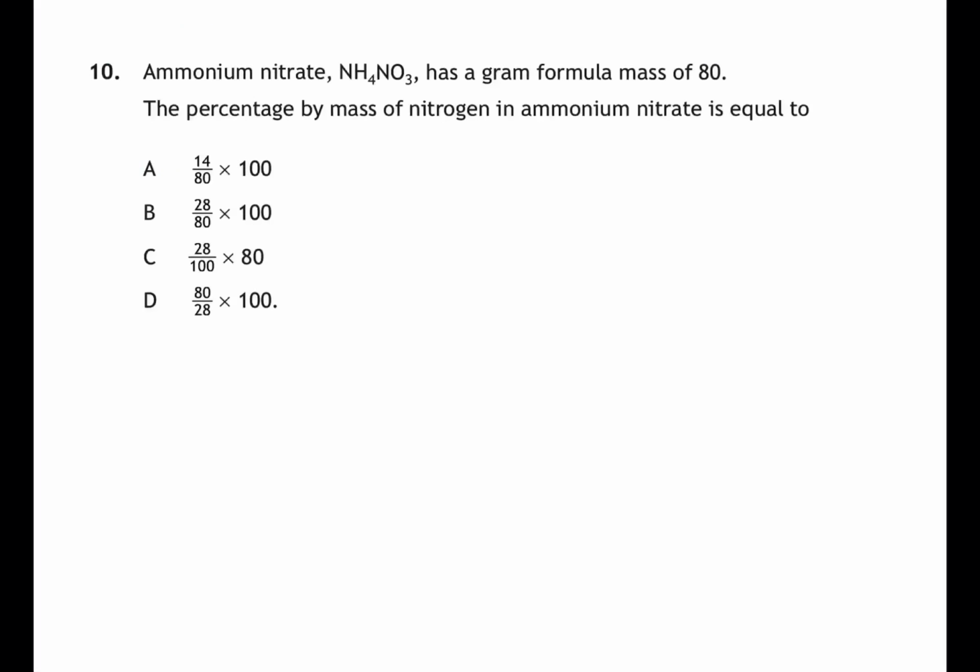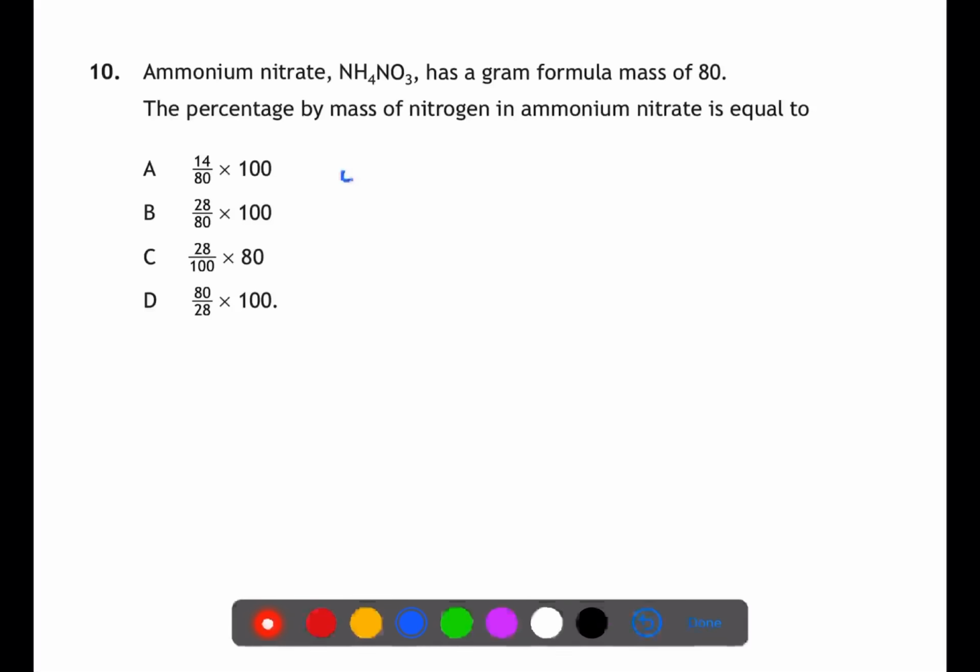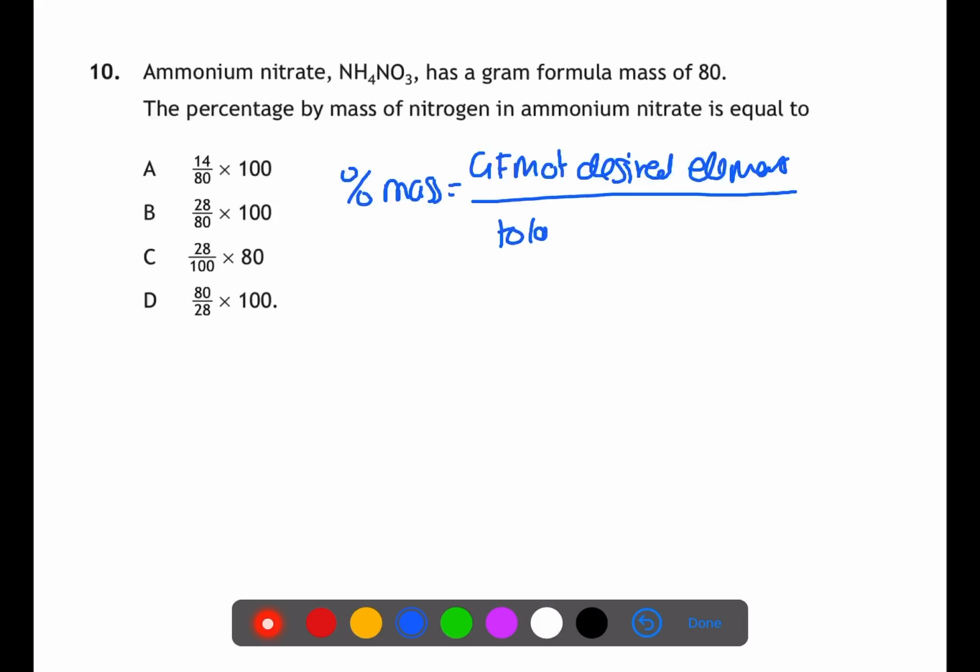Question 10. Ammonium nitrate, NH4NO3, has a gram formula mass of 80. The percentage by mass of nitrogen in ammonium nitrate is equal to what? At the front of your databook, you will find the equation for percentage mass. This is equal to GFM of your desired element divided by your total GFM, all multiplied by 100.